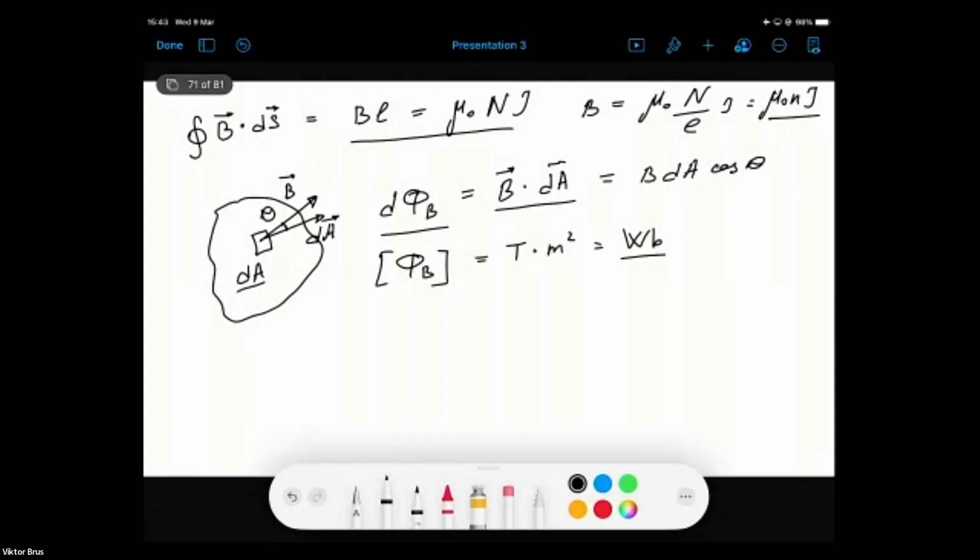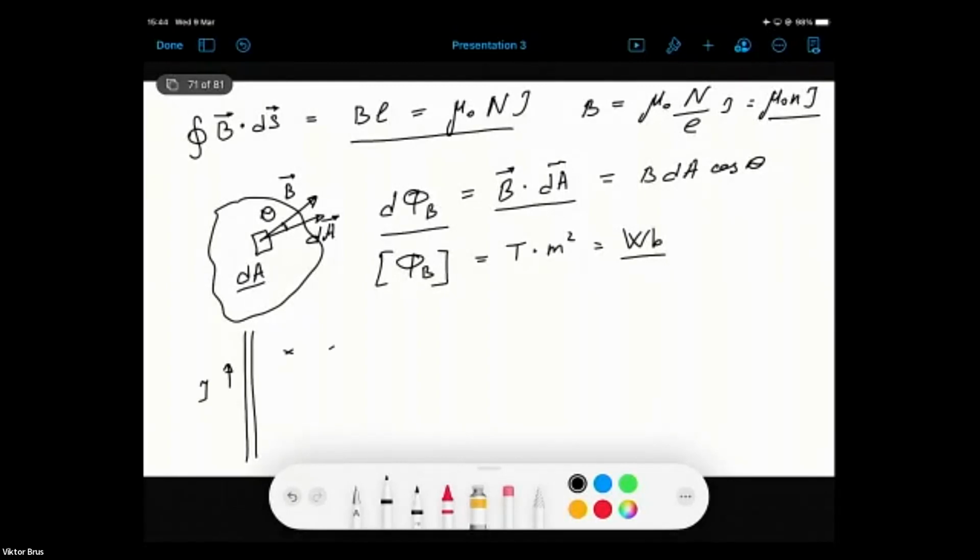So now let us consider magnetic flux through a rectangular loop, like a frame, next to a straight conductor with some electric current. So we have a conductor with some electric current I.